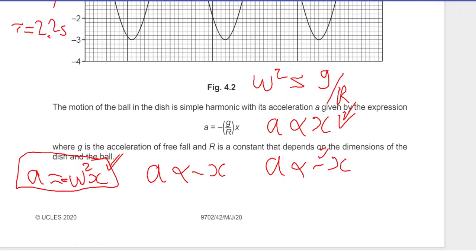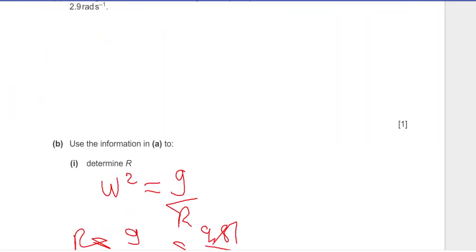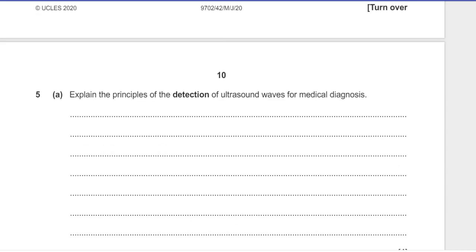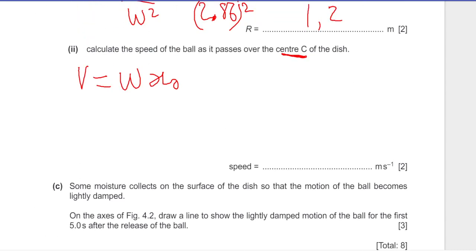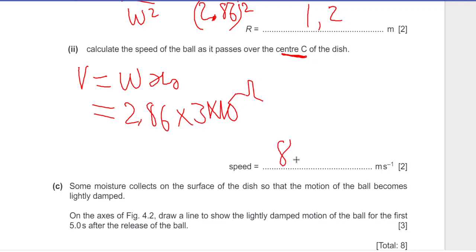So that's what we are going to use in the calculation. So it's going to be 2.86 times 3 times 10 to the power of minus 2, which should give you 8.7 times 10 to the power of minus 2 meters per second.